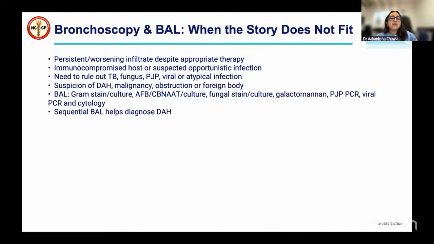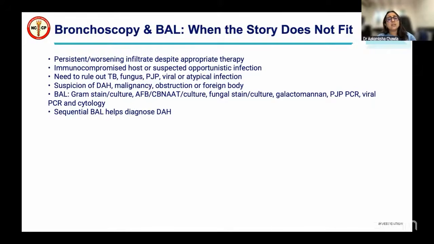Then bronchoscopy and BAL evaluation is usually for patients who have persistent or worsening infiltrate despite appropriate therapy, in immunocompromised hosts, or if you're suspecting an opportunistic infection. So you need to rule out tuberculosis, fungus, Pneumocystis jirovecii, viral and atypical infection in these patients. And of course, if there's a suspicion of diffuse alveolar hemorrhage, without a sequential BAL with subsequent aliquots becoming more bloody, you cannot diagnose this.